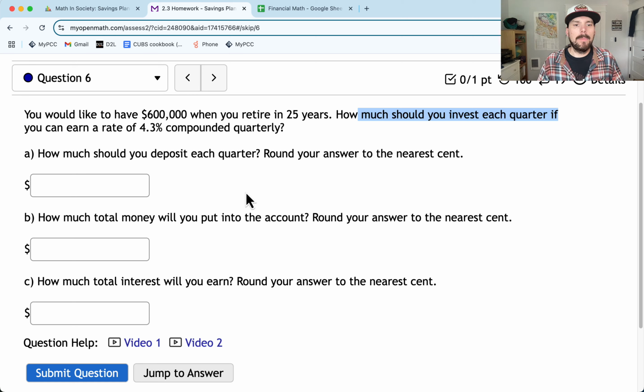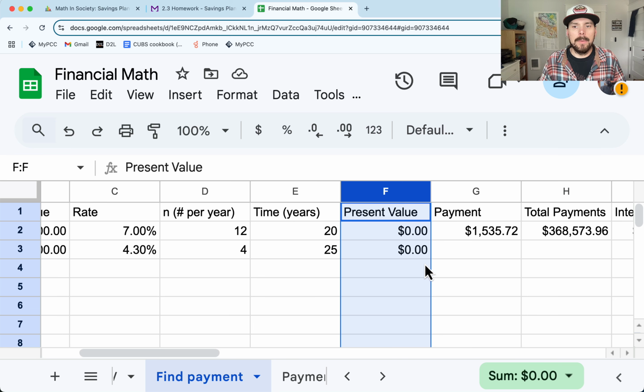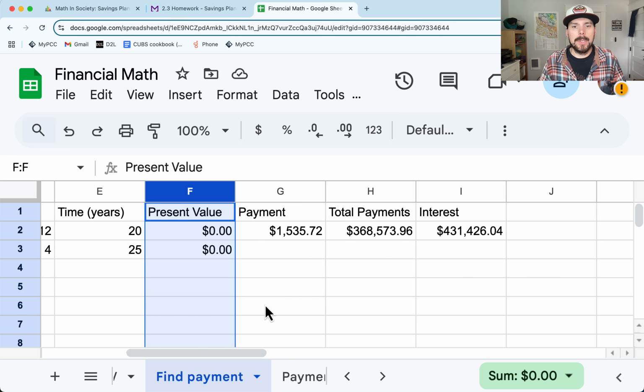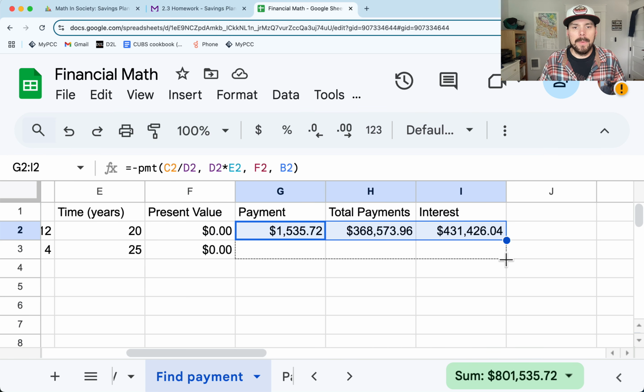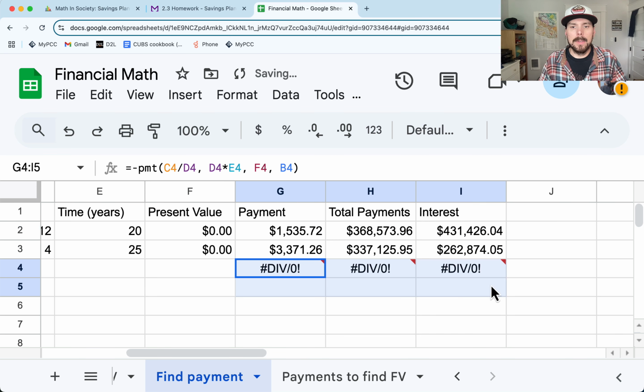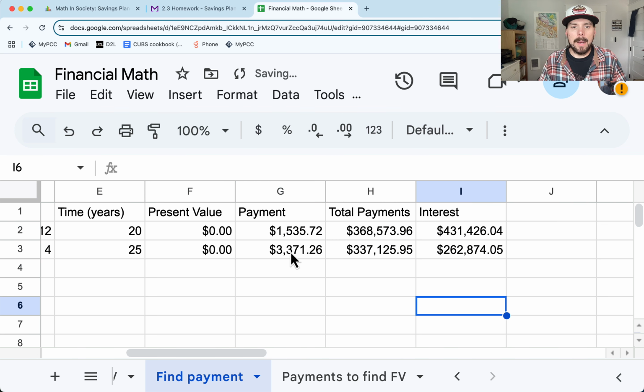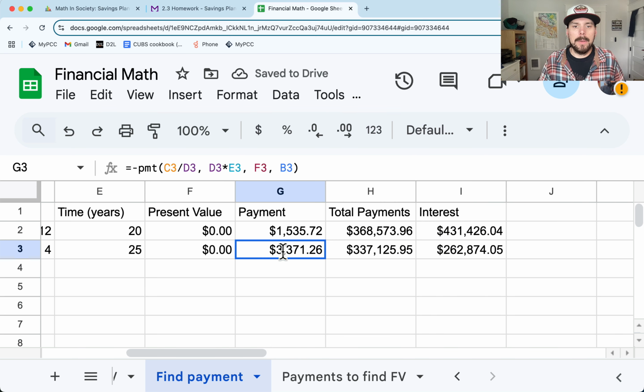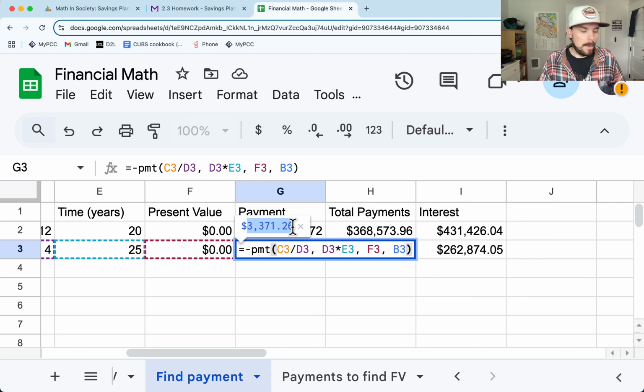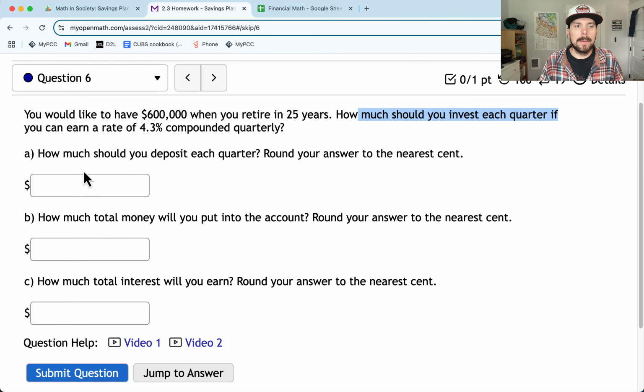The only difference would be if they provided a number and said with a beginning value of maybe $20,000, how much should be invested each quarter. Then we could start with an initial present value of $20,000. Otherwise we just assume it's 0 and fill down those last 3 cells to get our payment, in this case $3,371.26.